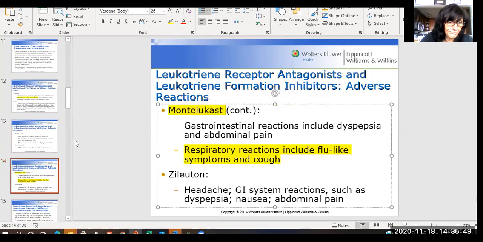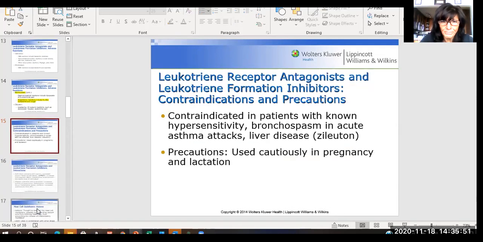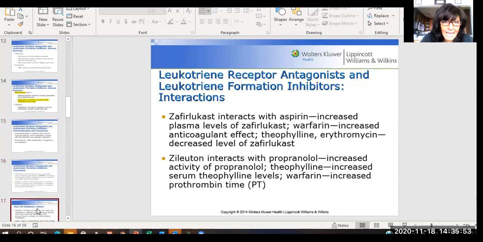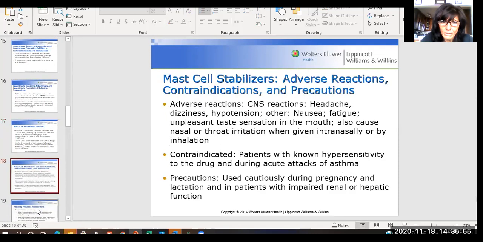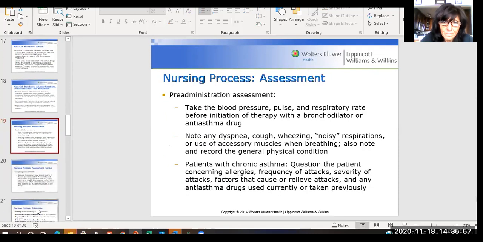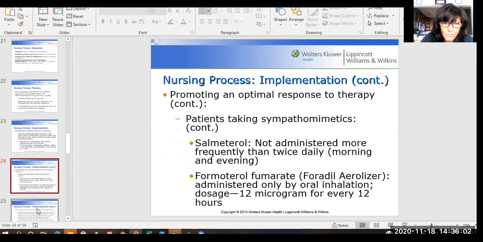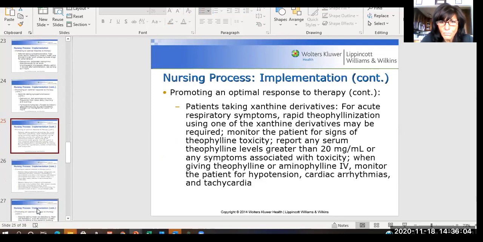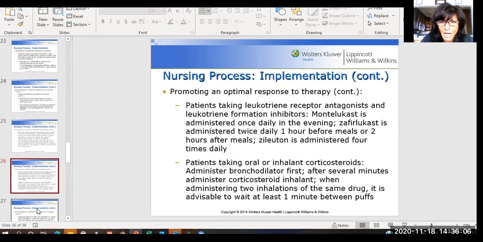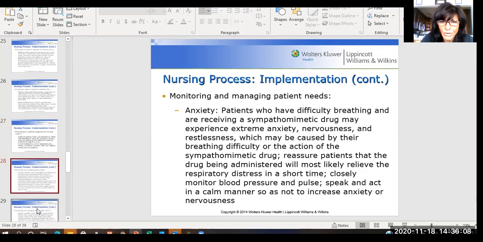So call the doctor, okay? Stop the medication. All right, and salmeterol, formoterol, xanthine derivatives, theophylline toxicity. We talked about that already.